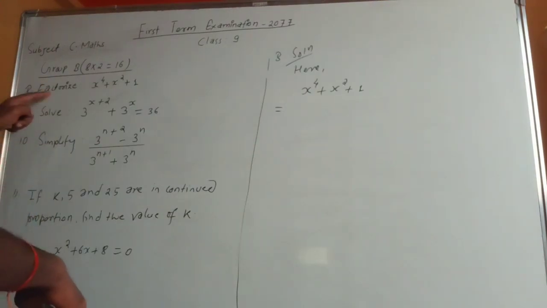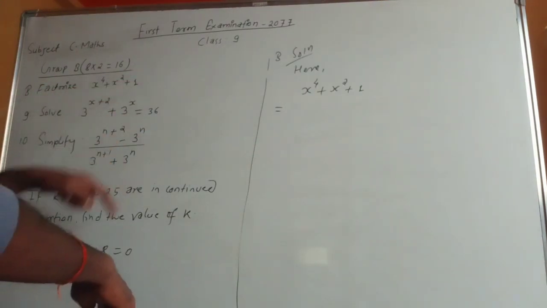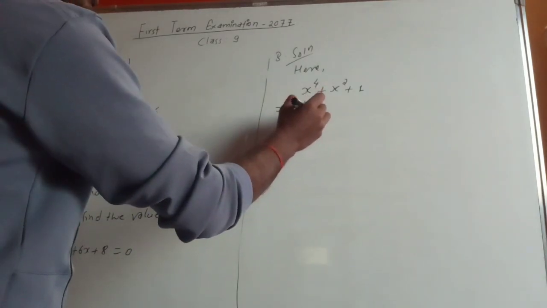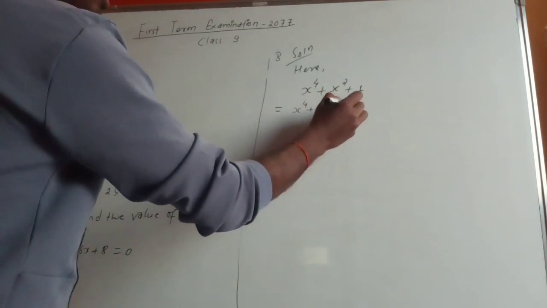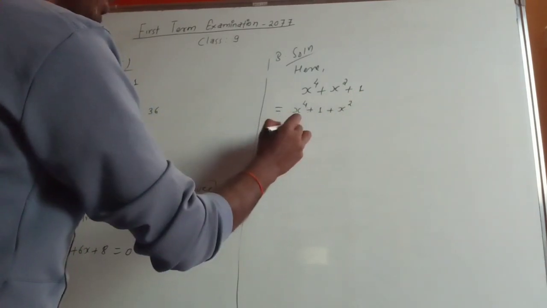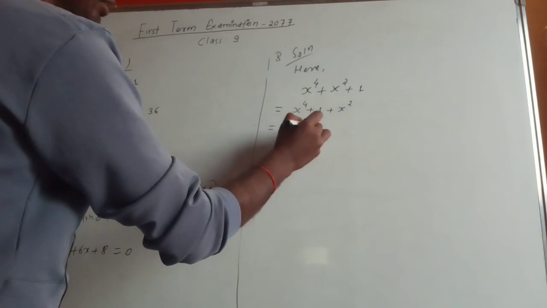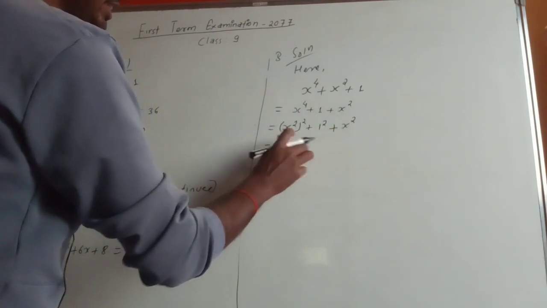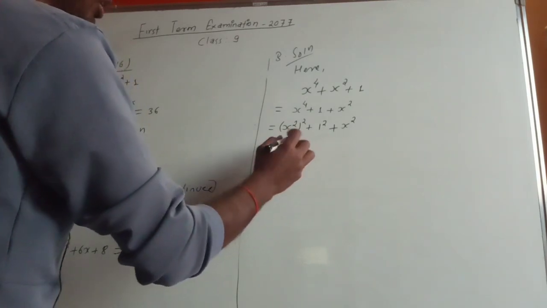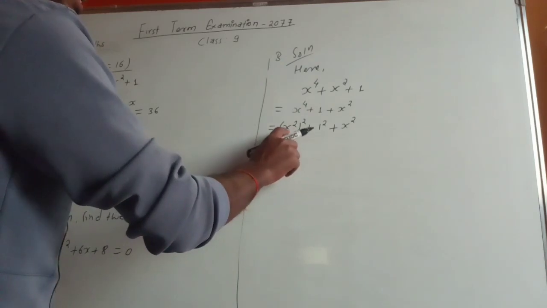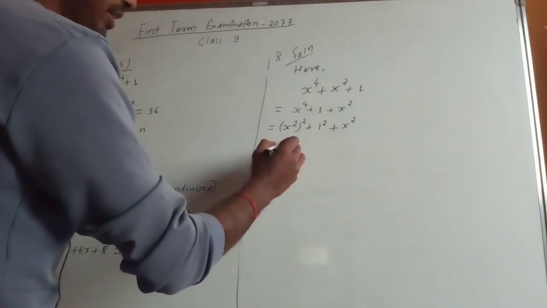Question number 8. Factorize x to the power 4 plus x square plus 1. To get the factors of this type of algebraic expression, write down the first and last term. Then make a perfect square of the first two terms: x square whole square plus 1 square, plus x square as it is. These are in the form of a square plus b square, which is a plus b whole square minus 2ab, where a is x square and b is 1.